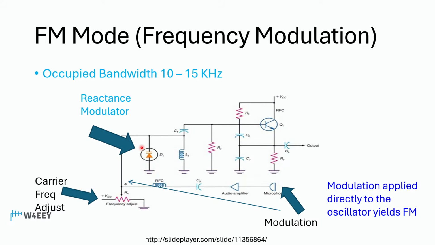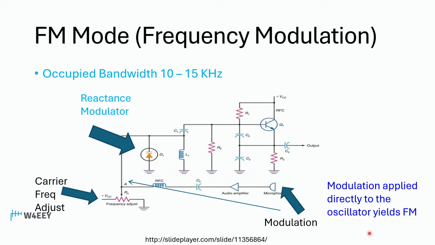And this varactor diode is in an oscillator stage. Here's the oscillator stage. And you're actually changing the resonant frequency of this circuit here by changing with the audio amplitude. So in this case, for FM, modulation is directly applied to an oscillator.